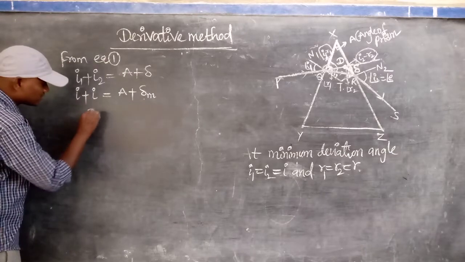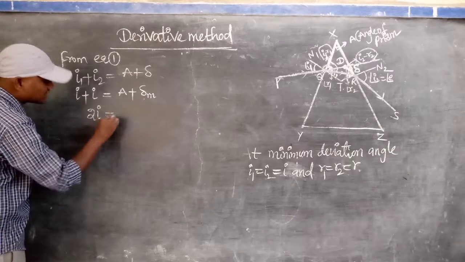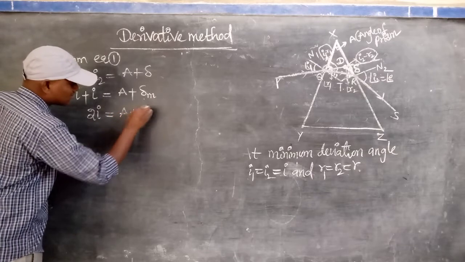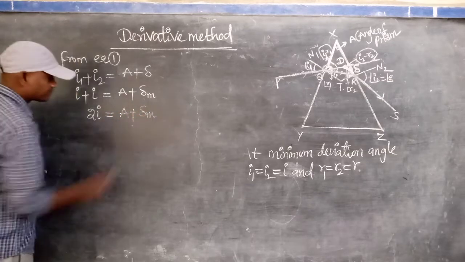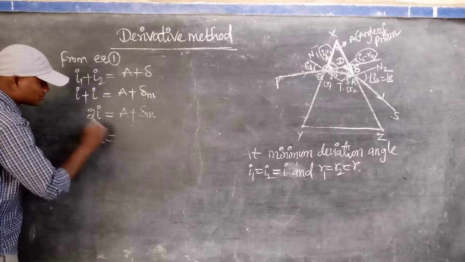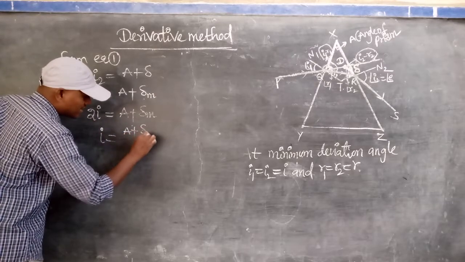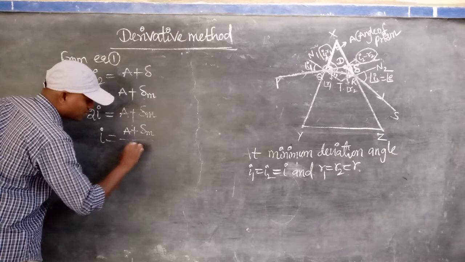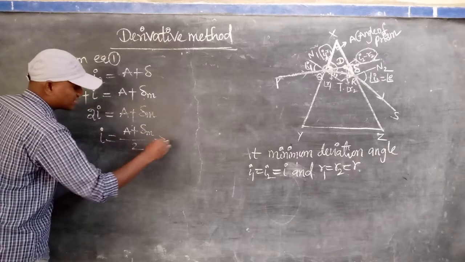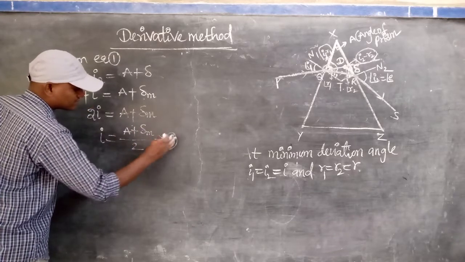I plus I, 2I, is equal to A plus small delta M. Then I is equal to, transferring 2 to the right-hand side, A plus small delta M upon 2. It is equation number 3.